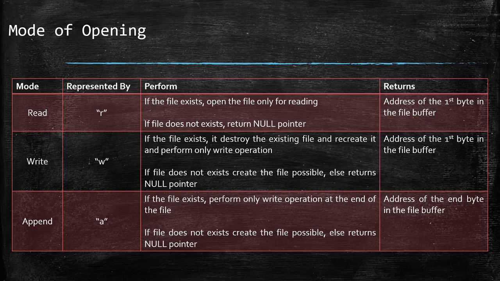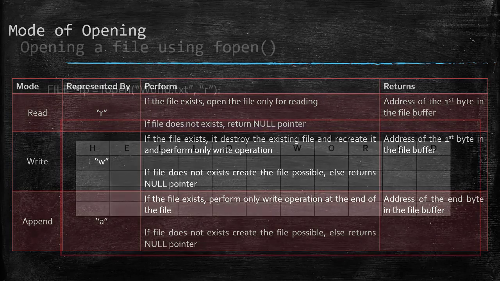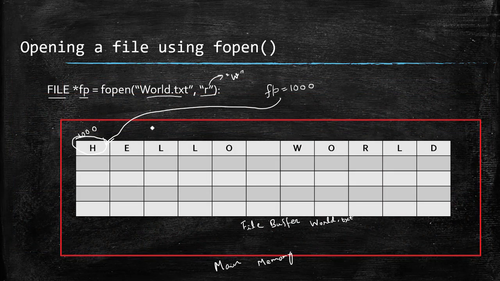In our case, if we open world.txt in append mode and there is existing data, hello world, over there, then the append mode will return the address of this block to fp. So fp will have the address of this block. Now we can perform the write operation from this position only, not from before it.